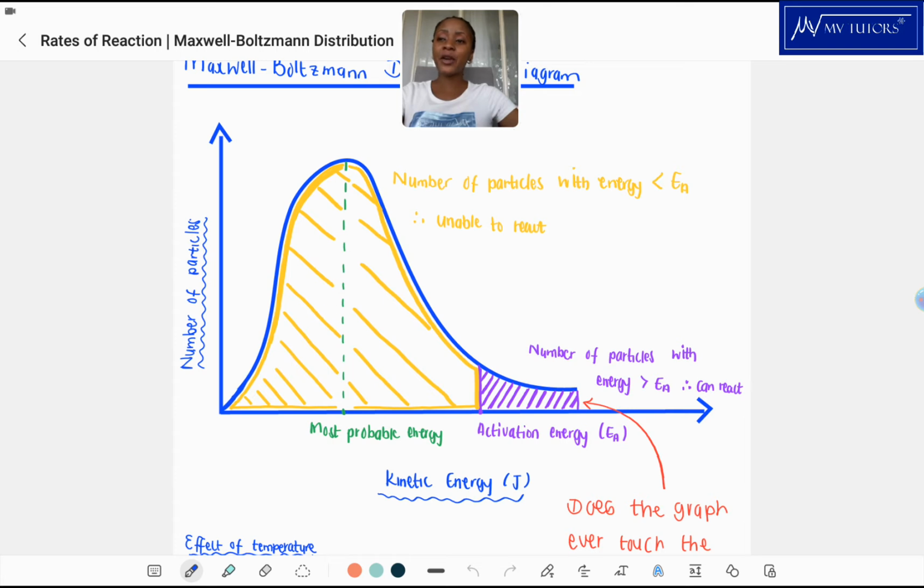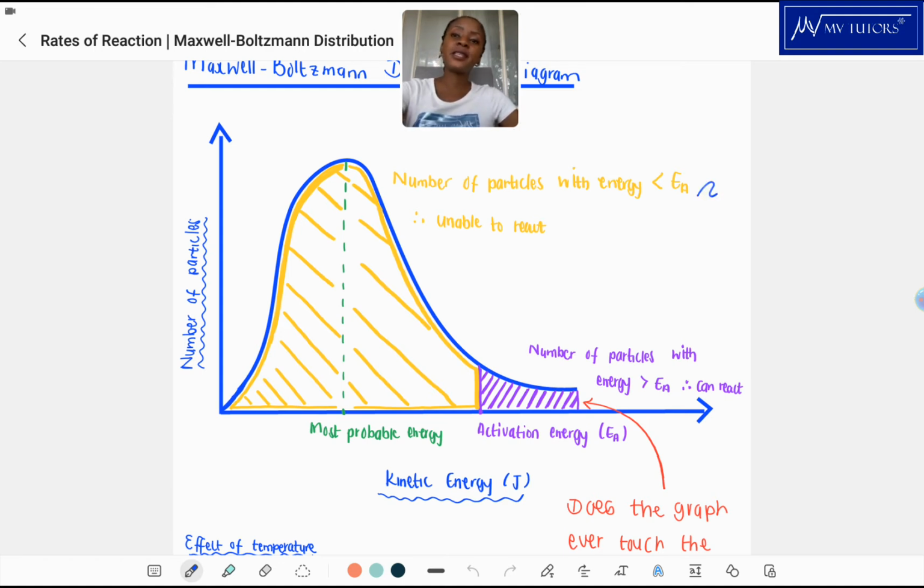So under the diagram where you have the yellow shaded area, that's basically where you have the number of particles with energy that is smaller than your activation energy. So in this case, your particles are not able to react. Remember when you look at your energy versus time graph, whether you have an exothermic or endothermic reaction, there's a point where you talk about the activation energy.